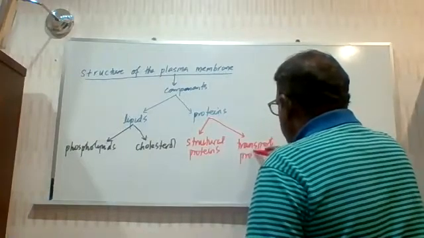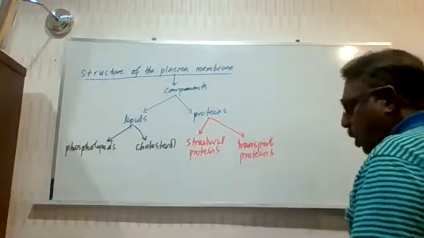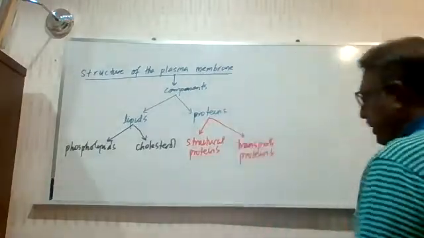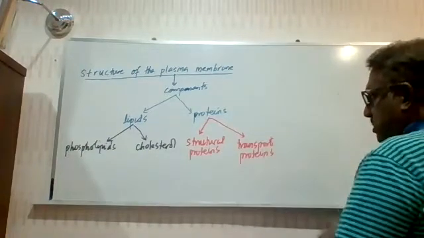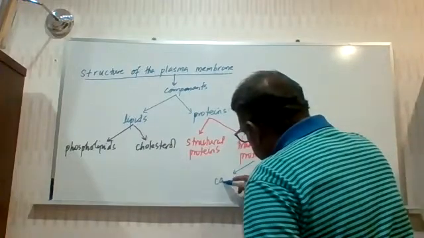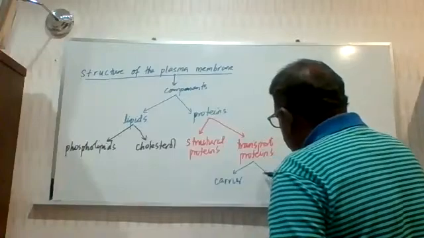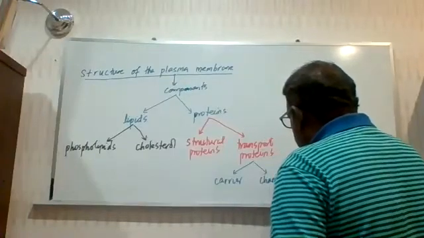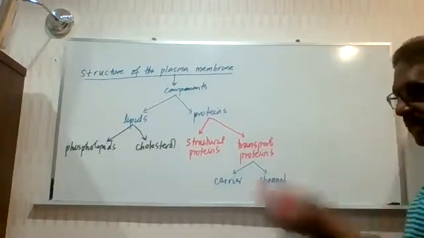These proteins play the role of transporting, moving substances across the plasma membrane. This is where you have your carrier proteins and your channel proteins. So your understanding becomes clearer.